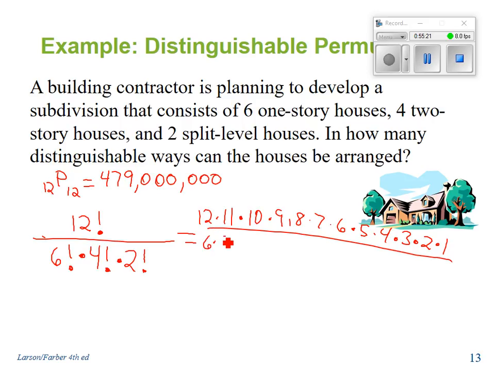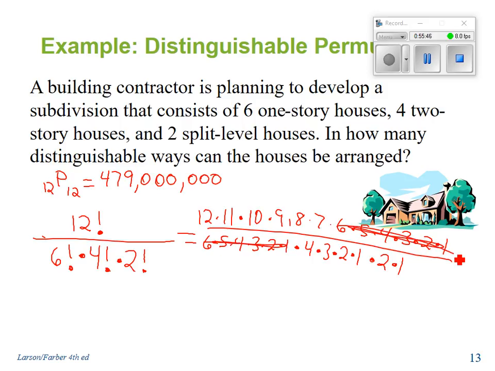I got 6 times 5 times 4 times 3 times 2 times 1 times the 4 factorial, which is 4 times 3 times 2 times 1 times the 2 factorial, which is 2 times 1. So I can cancel out 6 through 1 here and there, right?